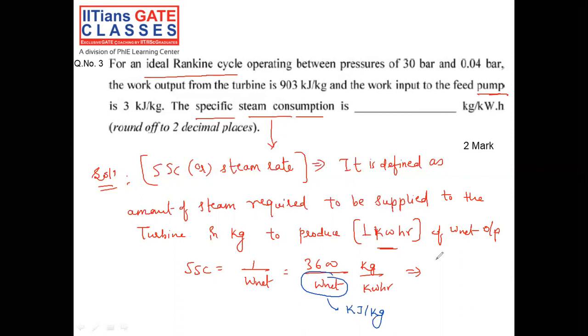Now apply 3600 divided by net work output, that is turbine minus pump. So 3600 divided by 900, you will get 4. You are going to get 4 kilogram per kilowatt hour. That is regarding question number 3.